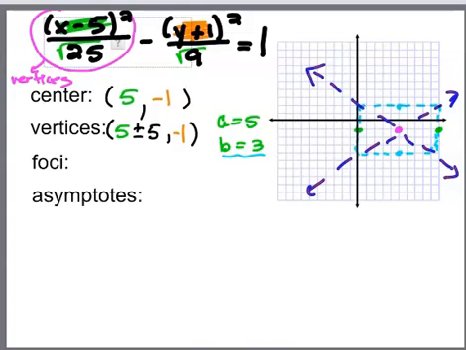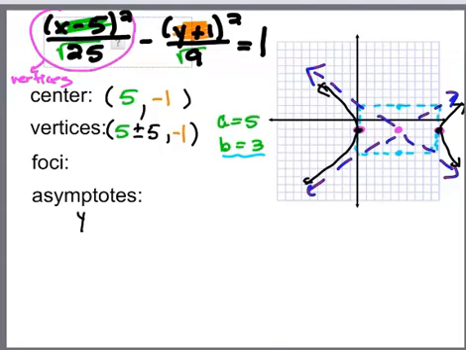And just to darken where the vertices are, remember these are the vertices here. So if I draw those in, it's going to follow the asymptotes, and the vertex of each, the left and right side, is that in pink.